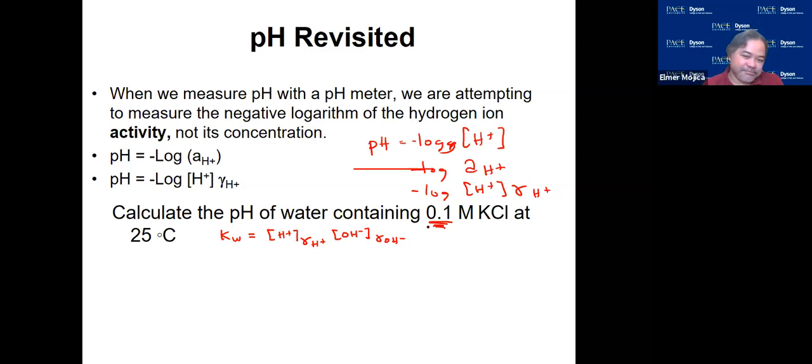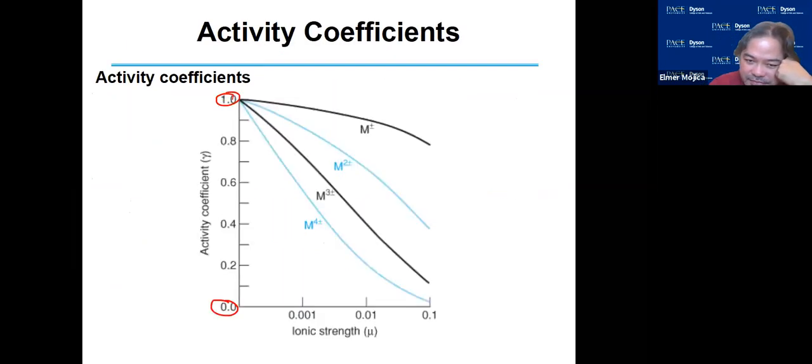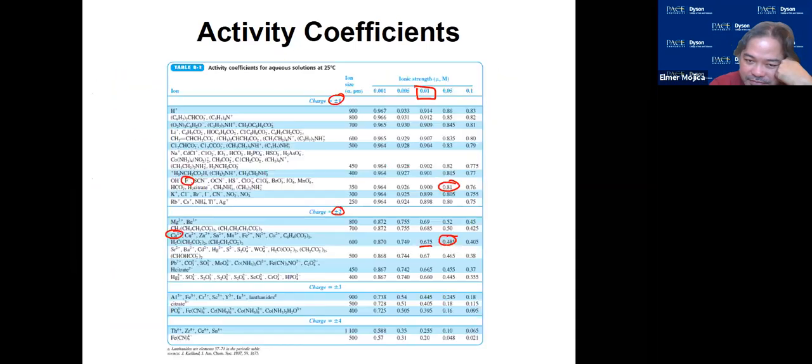Anyone? Why do you think that 0.1 molar KCl was given? What is the basis for that? So what do you think that 0.1 molar K+ serves us?